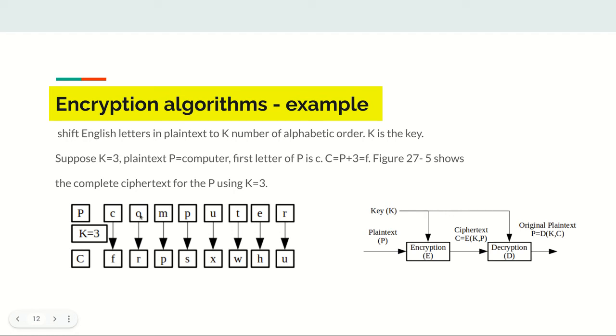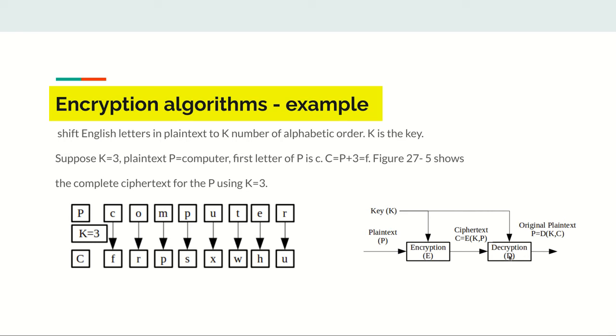For O, P, Q, R. We shift these English letters by 3. K is 3, the key is 3, and in decryption we use 3 again.